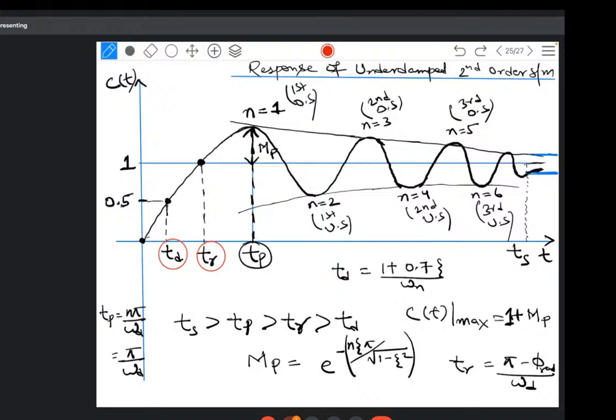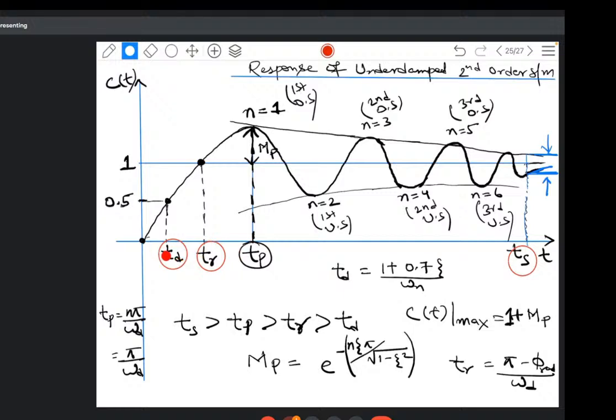This blue line shows the tolerance band, the range in which, if the response falls into it, I will consider that my system has settled. This part is my settling time. The settling time is huge: settling time is greater than peak time, which is greater than rise time, which is greater than delay time.